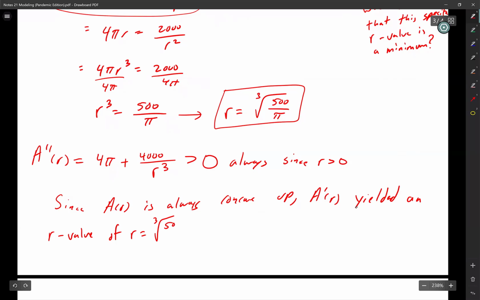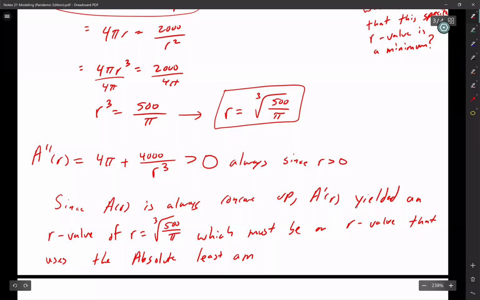That's a cube root, guys, not square root. 500 over pi, which must be an r value that uses the absolute least amount of surface area.